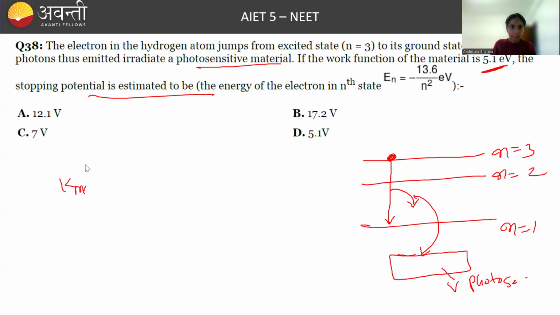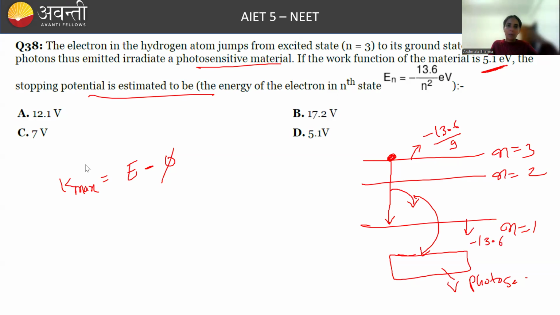So how will we find K max? Energy of light falling minus work function. So what is the energy of light falling? The energy in the third state minus the energy in the first state. Sorry, final state minus initial state. So how much energy will it be? The energy of the third state will be -13.6/9, and the energy of the first is -13.6.